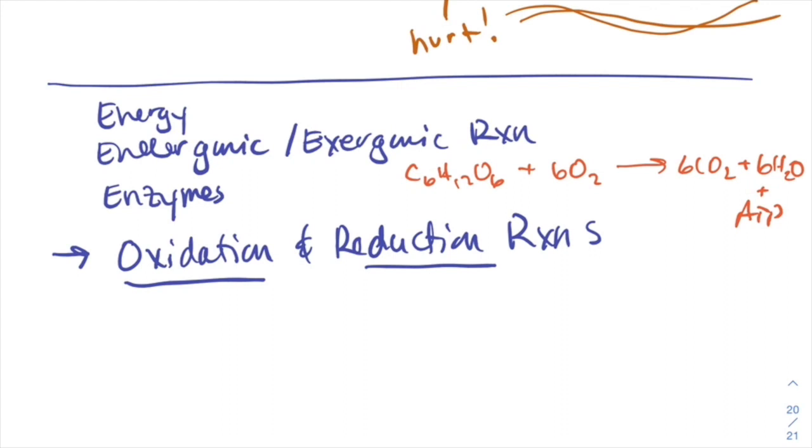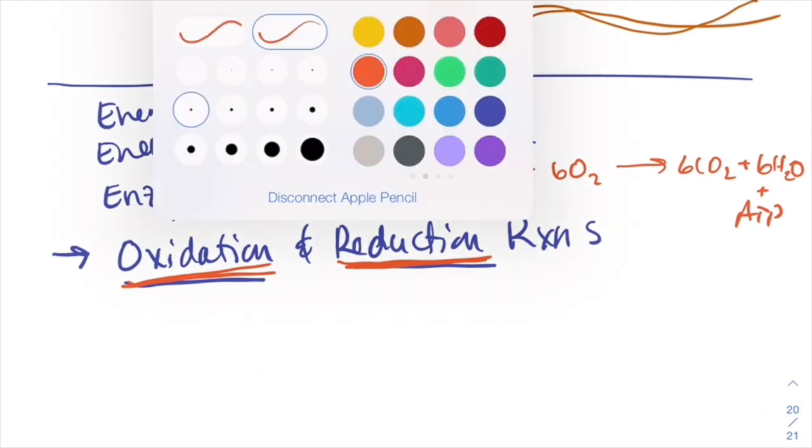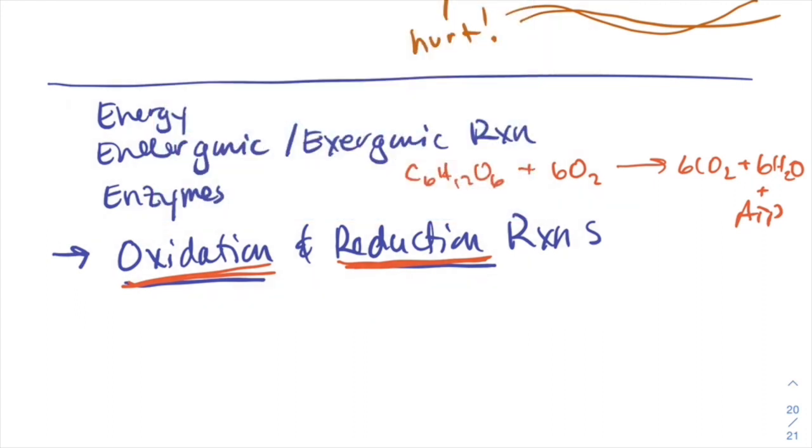It happens in a whole series of about 20 reactions or so. Some of those reactions will be endergonic, some will be exergonic. Some of these reactions will be oxidation reactions, and some will be reduction reactions. So, what are oxidation and reduction reactions, you may ask?